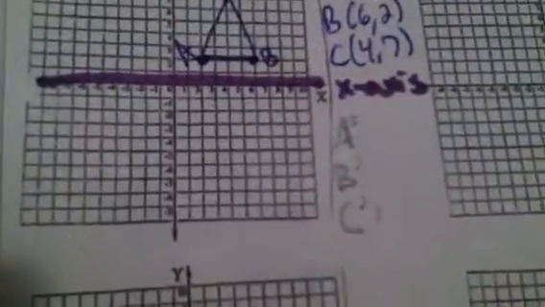The way you record new B is the letter B with a tick mark, and new C is C with a tick mark. In those, we will be writing our new coordinates.